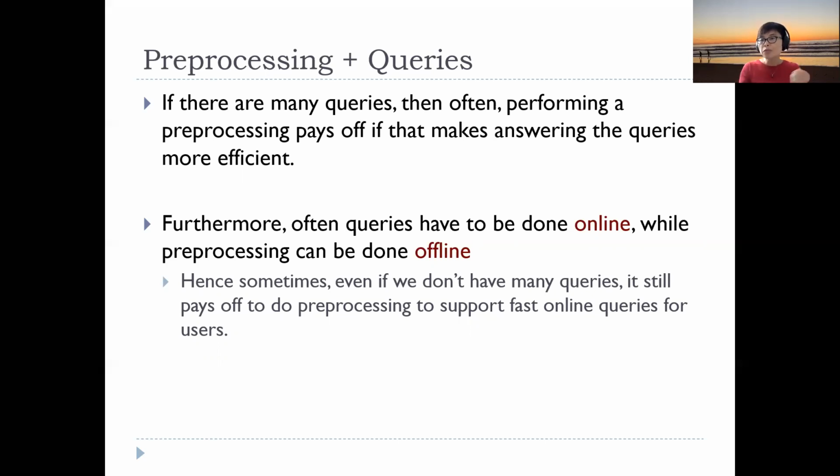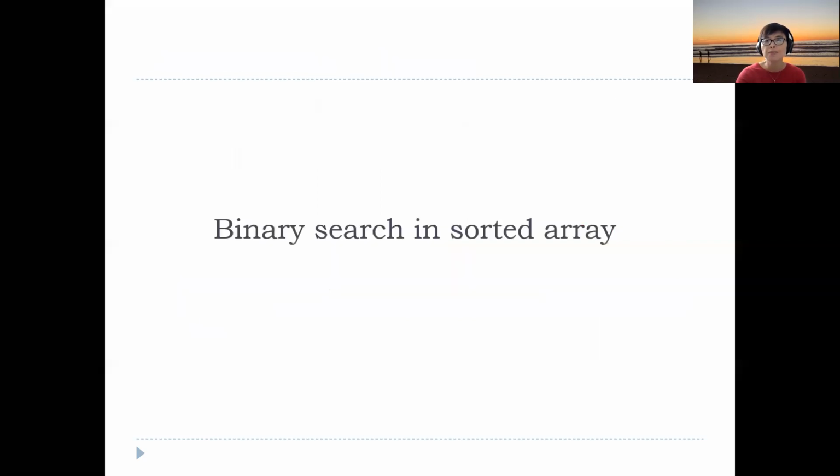You have to return the results quickly online, while the pre-processing can be done offline, before you make the database available to the general public. So even if you don't have too many queries, because we have to answer those queries online, it still pays off to spend some time on pre-processing if that can support faster online queries later.